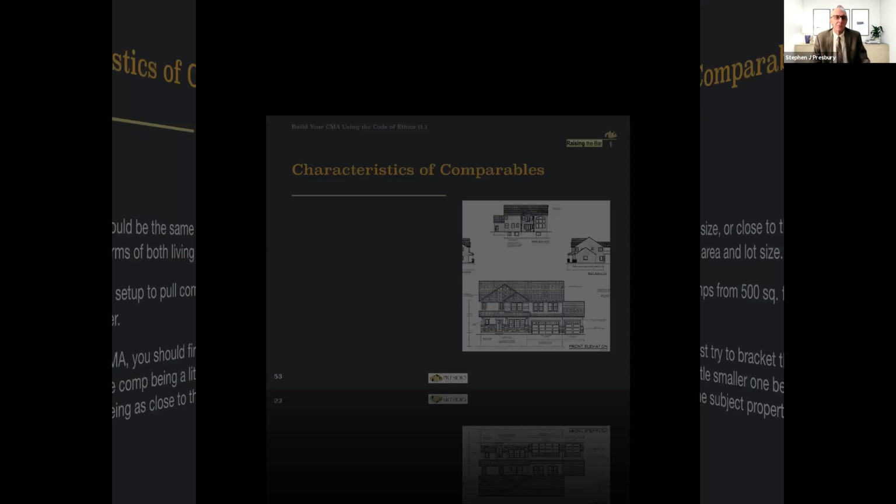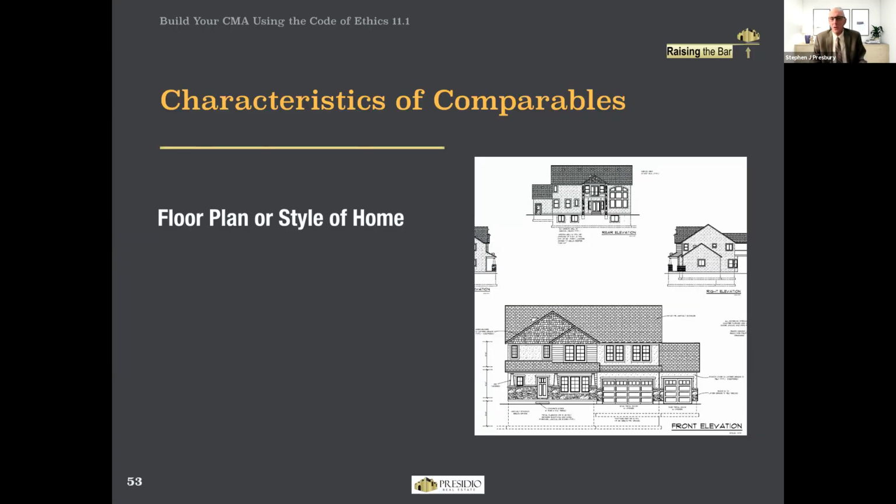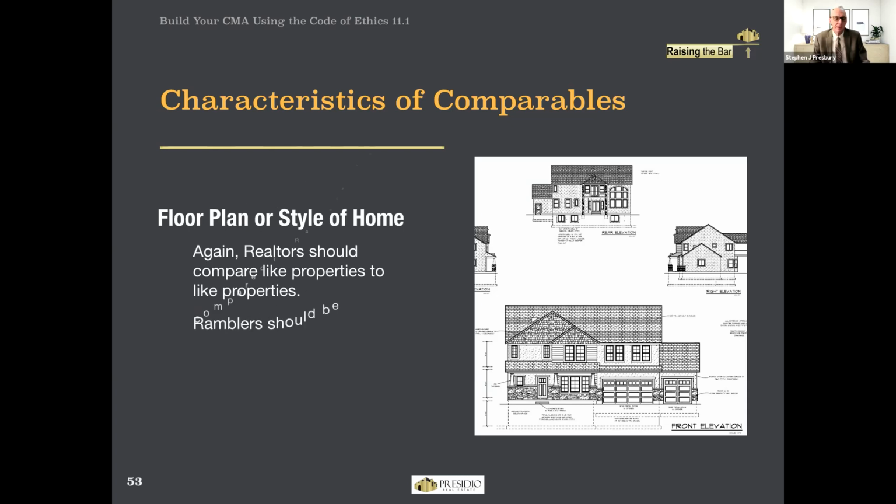Okay, so let's move to the floor plan and the style of the home, which obviously can vary dramatically, particularly for custom built houses. We should be comparing properties to like properties, and sometimes the outside may look the same, but the inside may be very different. So ramblers should be compared to ramblers, and 2-story to 2-story.